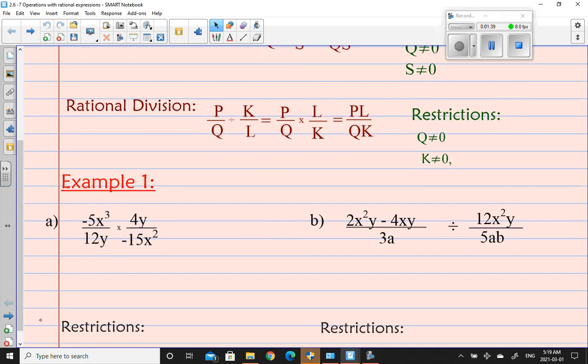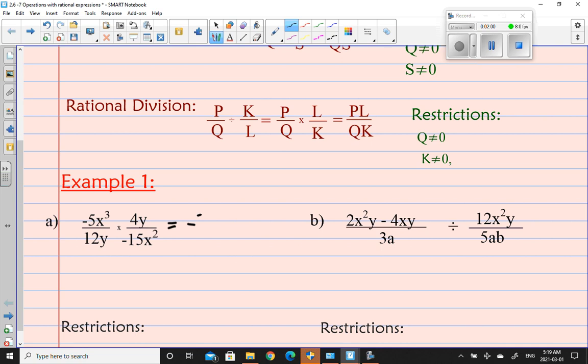You have negative 5x cubed divided by 12y multiplied with 4y divided by negative 15x squared. So what you can do in this case is you can take the numbers or these constants and put them together.